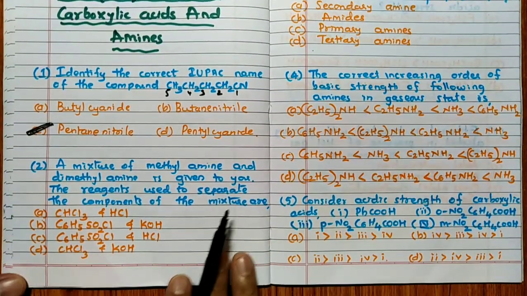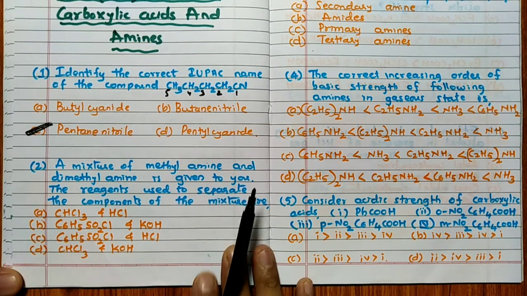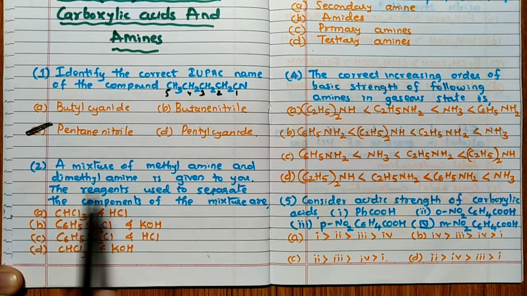Then, a mixture of methylamine and dimethylamine is given to you. The reagent used to separate the compounds of the mixture is asked. Methylamine is a primary amine and dimethylamine is a secondary amine.